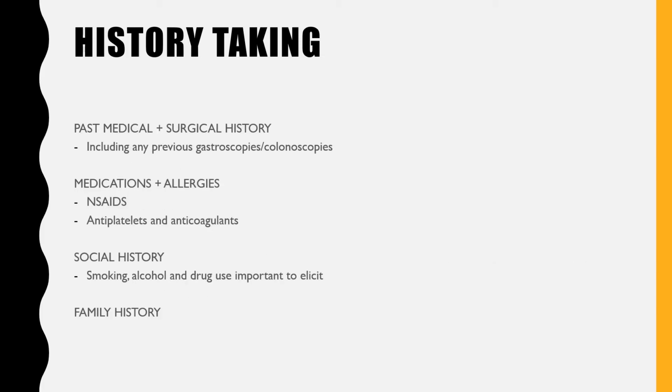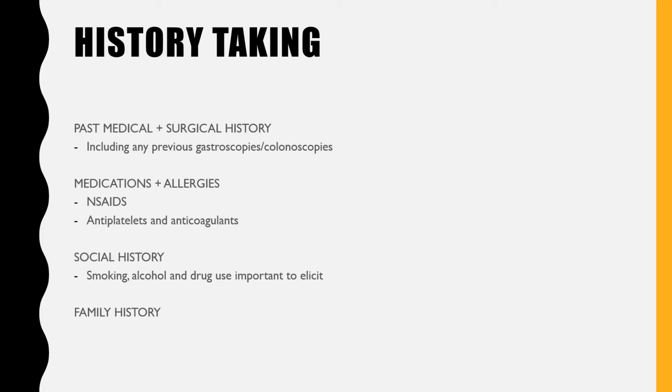Following on from the history of presenting complaint, you should go through the past medical and surgical history. The most important things are to elicit any previous abdominal surgeries and any previous gastroscopies or colonoscopies that the patient might have had. Sometimes they forget this or might not think that they've had a surgery, but it is important to know in your history. You should find out any medications and allergies.